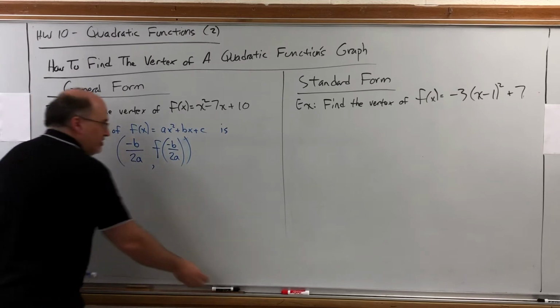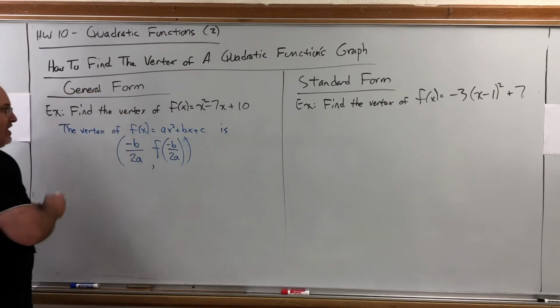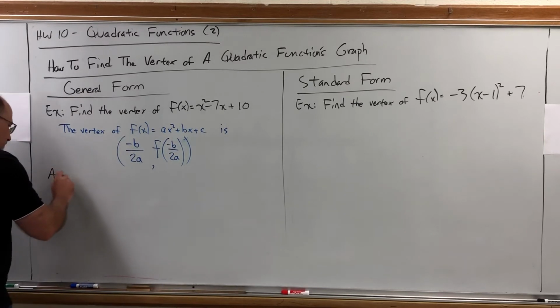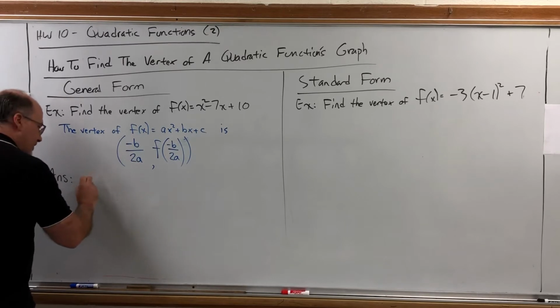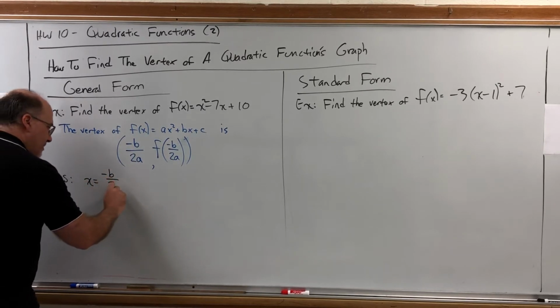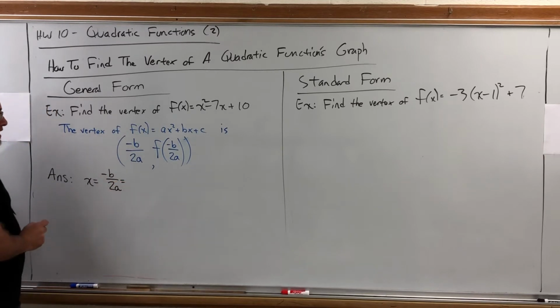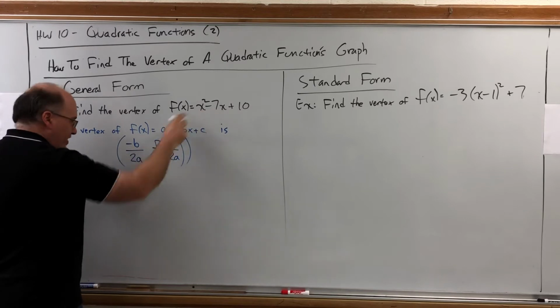So let's find the vertex of f of x equals x squared minus 7x plus 10. The first thing we need to do is to find the x-coordinate, and the x-coordinate of the vertex is negative b over 2a. In this function, the b is negative 7. It's always the coefficient of the x.